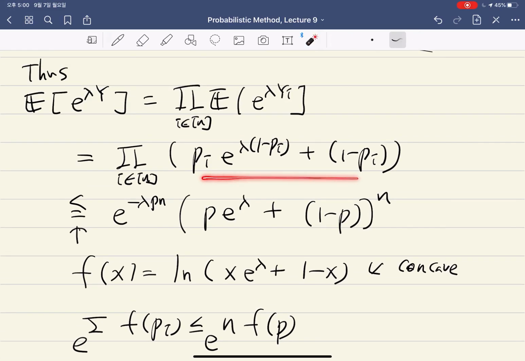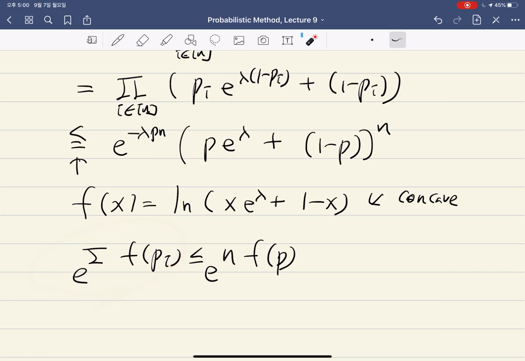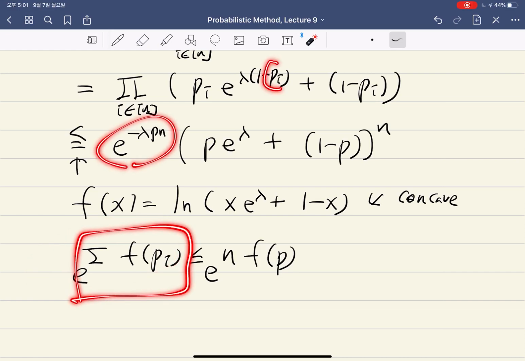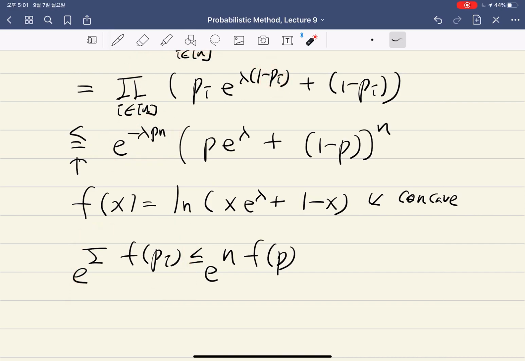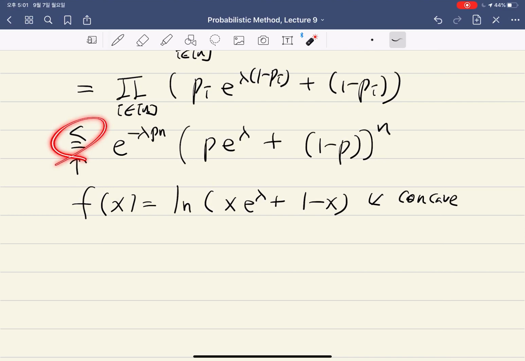Then each one of these is what we get here. Anyway, by using the concavity, we can prove this inequality.